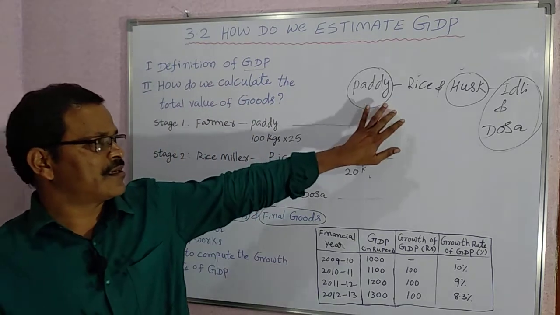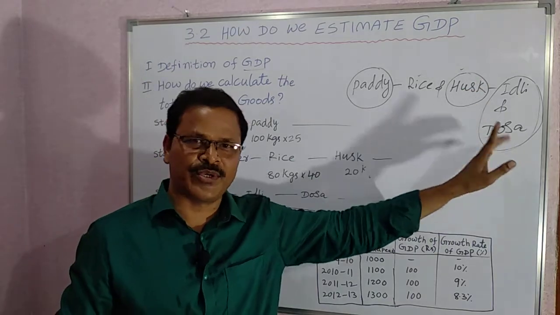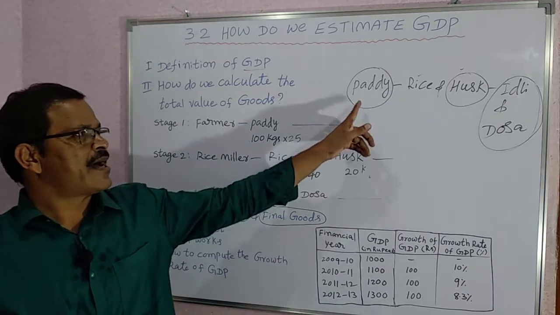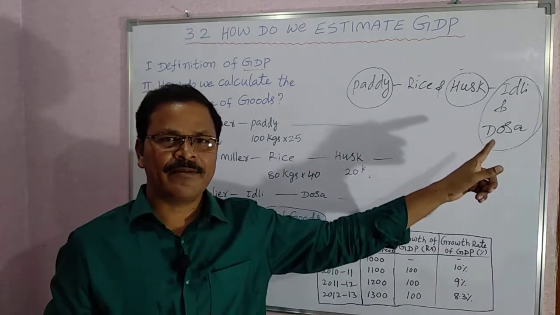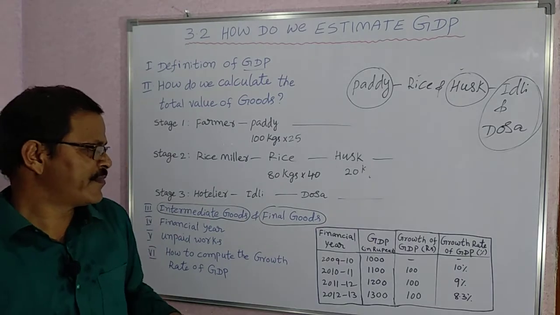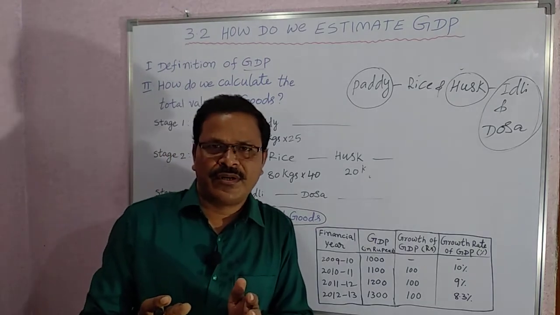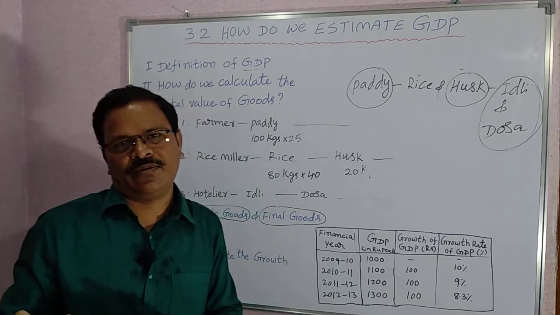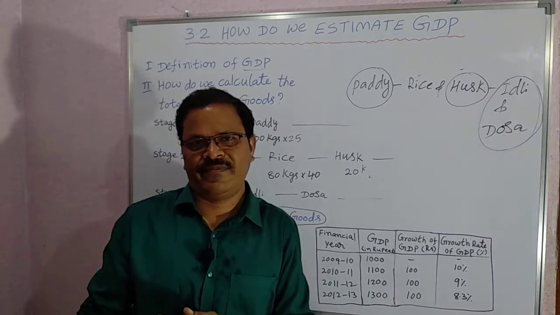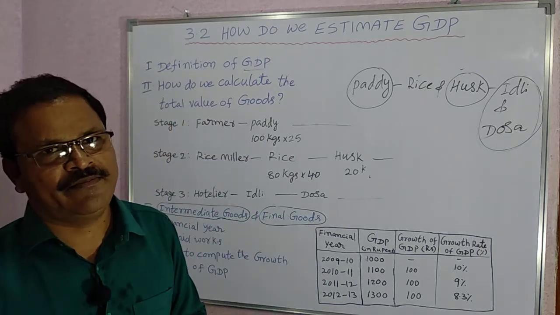In this example, idli and dosa are final goods. Paddy, rice, husk are intermediate goods. Once more, the goods which are ready to use, which are at a final stage, are called final goods.